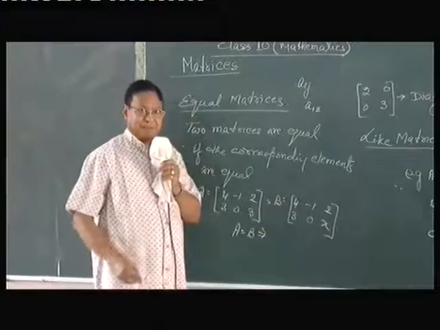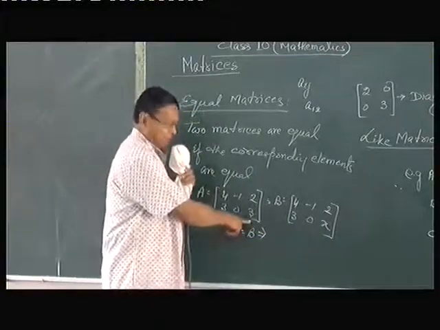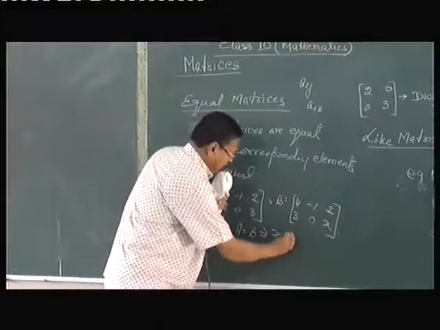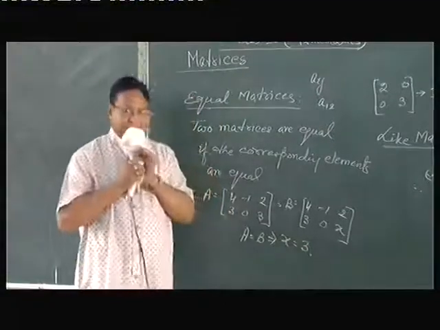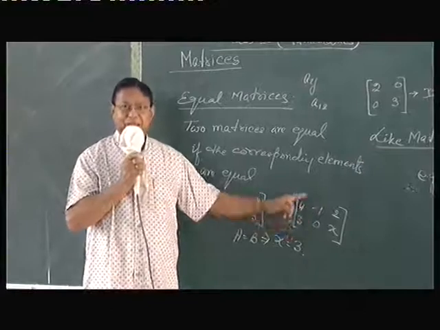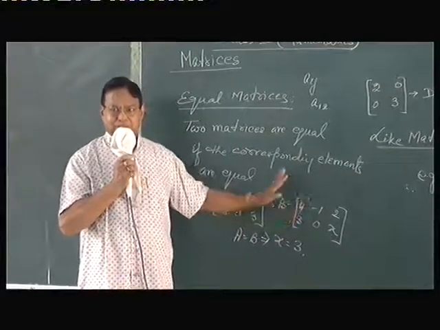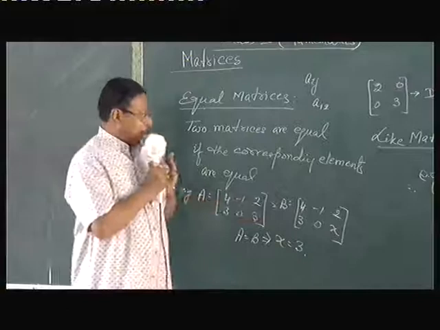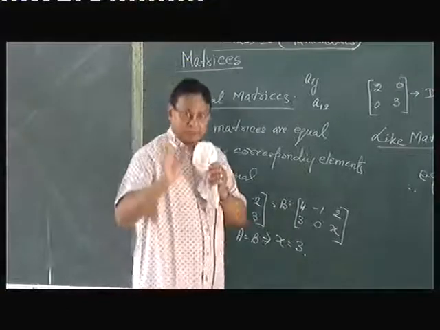So guess, x should be 3. So x is equal to 3. Is that clear? All the elements should be the same and in the same place. Then the matrices are equal.